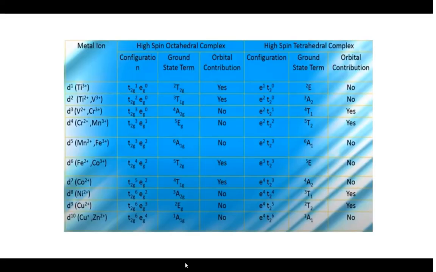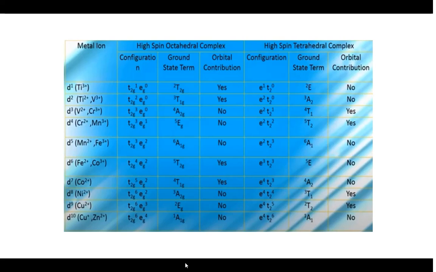The expected orbital contribution in high-spin octahedral or tetrahedral complexes with any of the d1 to d10 configurations is shown here in this table. This table also lists the ground state terms corresponding to the dn configurations.